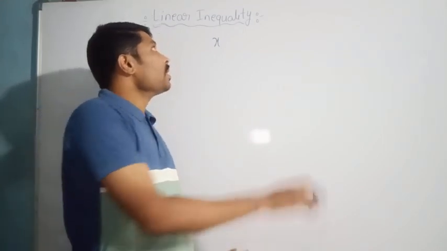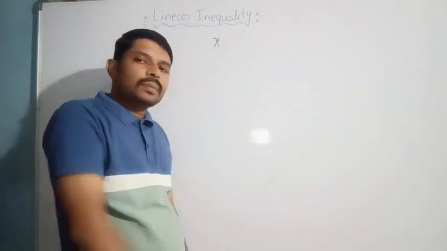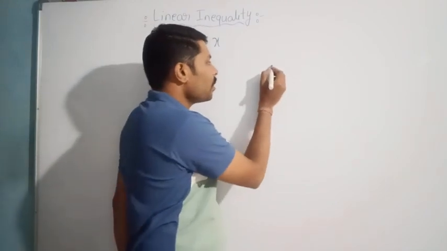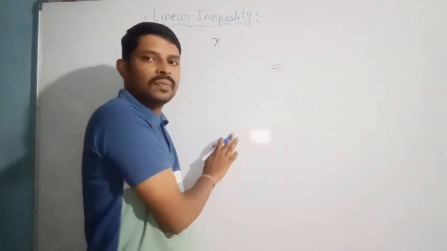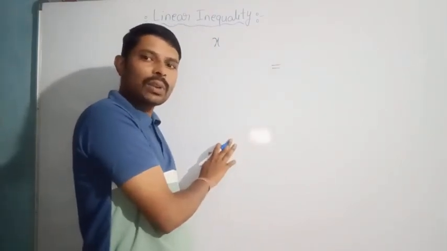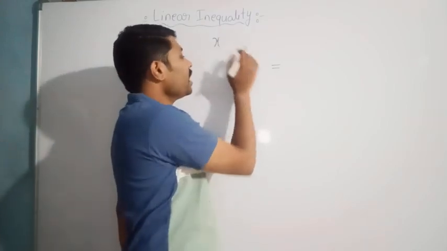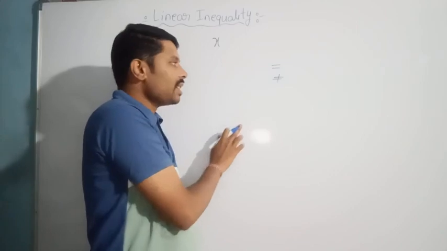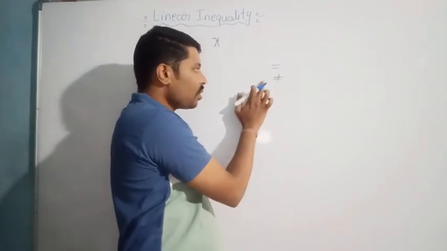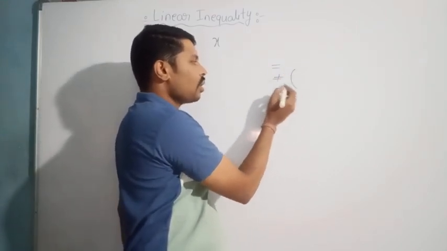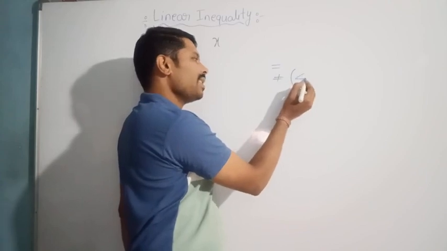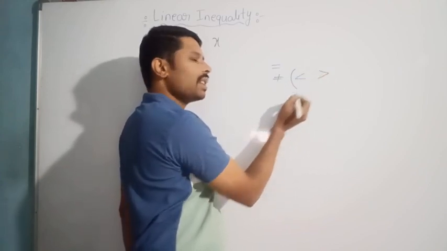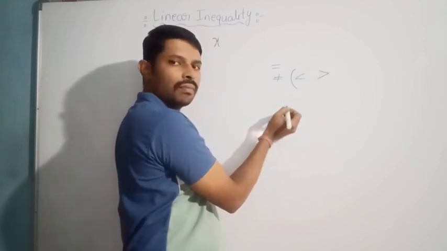Now what is the meaning of inequality? See students, what we will call for this? Equal to is equality. Inequality means which is not equal to. Instead of saying not equal to, it may be less than, it may be greater than. Yes or no?